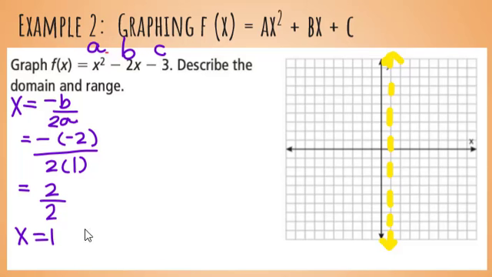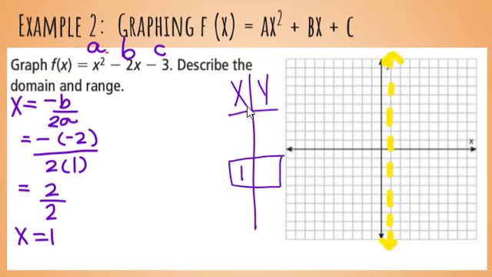So now we want to start by making our table of points. And this x value is also the x value of our vertex. So I'm going to put that in the middle of my table. Then I'm going to pick 2 numbers above and 2 numbers below. So I'm going to do 0 and negative 1, as well as 2 and 3. So first, let's plug in our 1 into this equation.